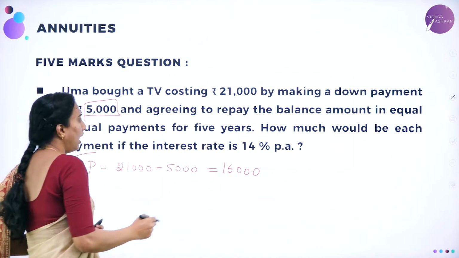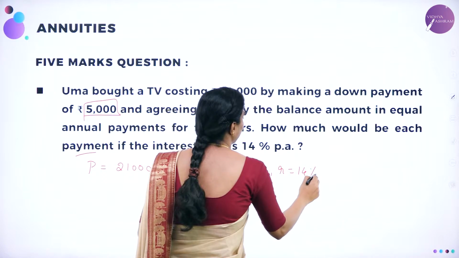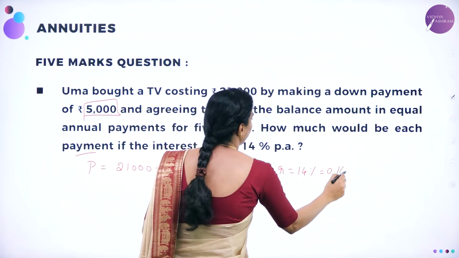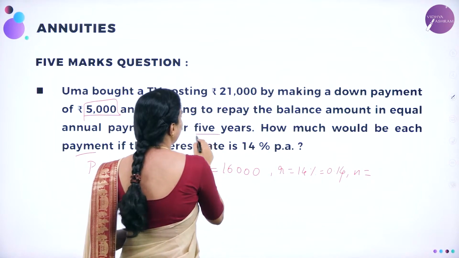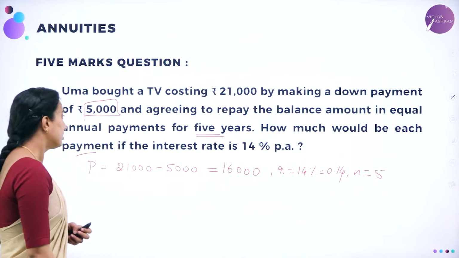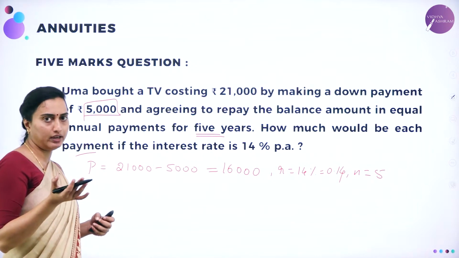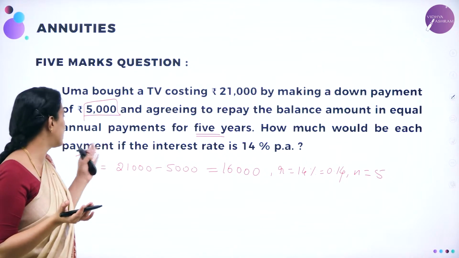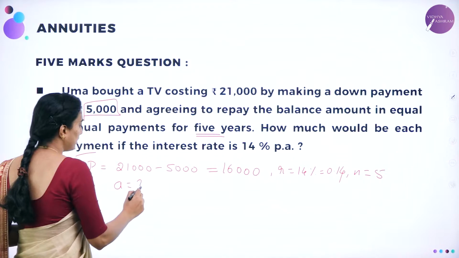And then R will be equal to what? 14% per annum, which will be 0.14. And then N is equal to, for how many years? For 5 years. So N is equal to 5. So, therefore, you need to calculate what will be the amount to be paid for each payment. So here A will be equal to question mark.